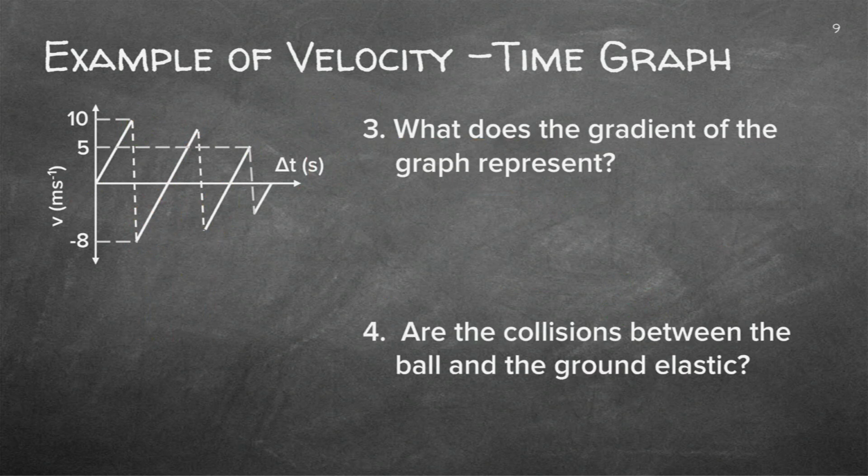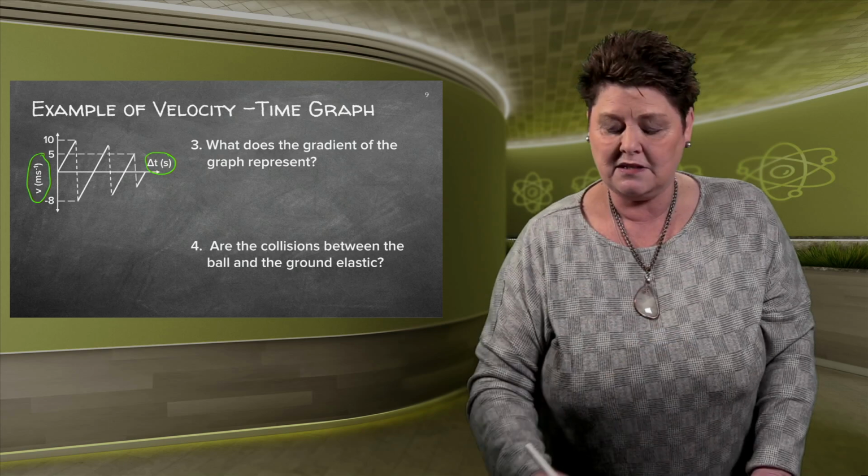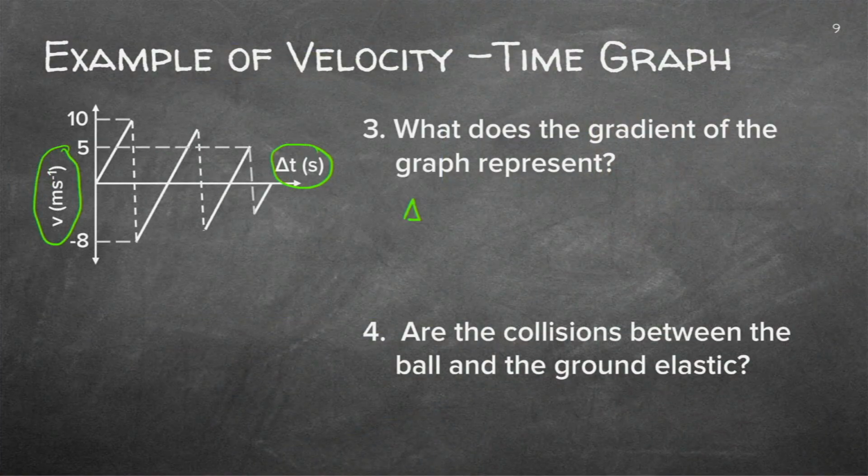Let's see what they ask me about the gradient. What does the gradient of this velocity-time graph mean? Now, we did that when we did kinematics. We said the delta y over the delta x, that's your formula for gradient, represents the difference in velocity over the difference in time.